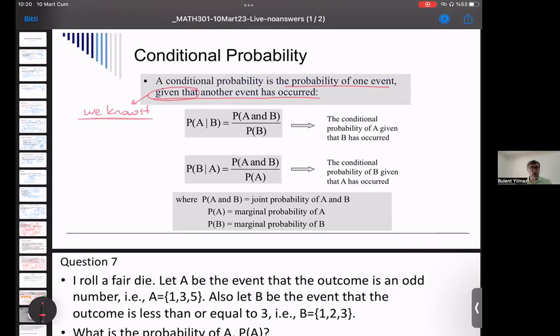So I know that one event has occurred. Let's say I have male and female students. Some of them are from electrical engineering, some from mechanical, civil, or computer engineering. I know that the student I have chosen is from electrical engineering.